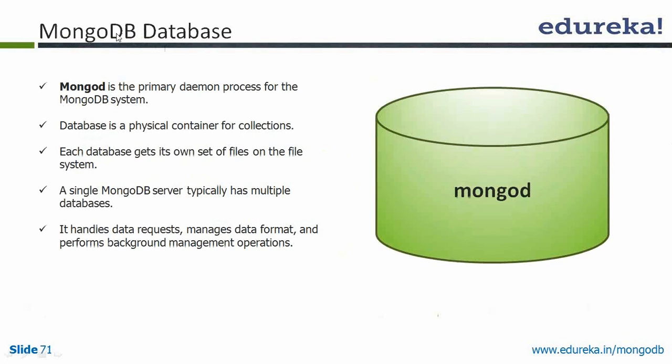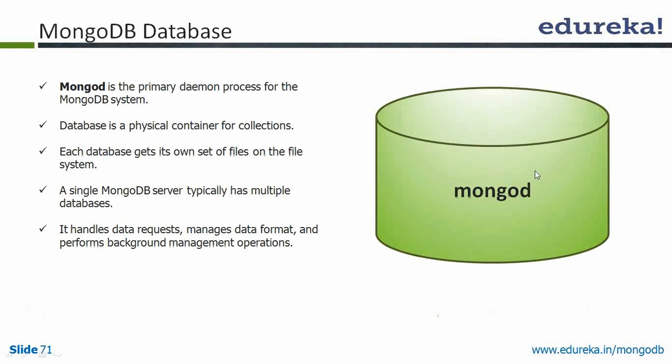Now let us understand about the MongoDB database. So as I said, mongod is the process which is responsible for the Mongo database. So let's say if you have to start your database, what will you start? The mongod process. So let's summarize this. mongod is the primary daemon process for the MongoDB database.